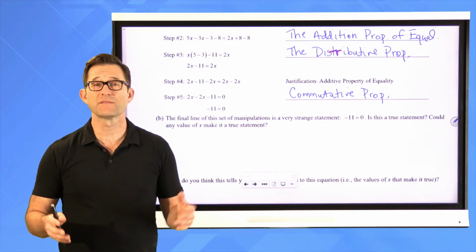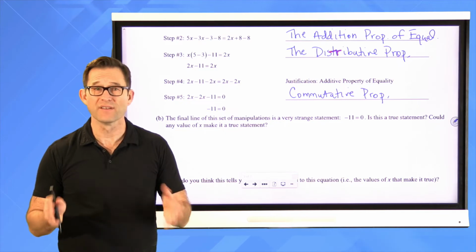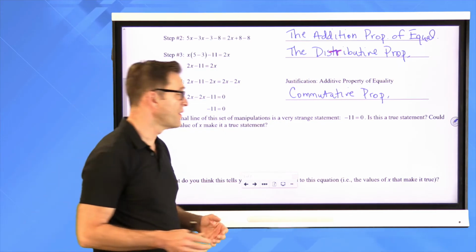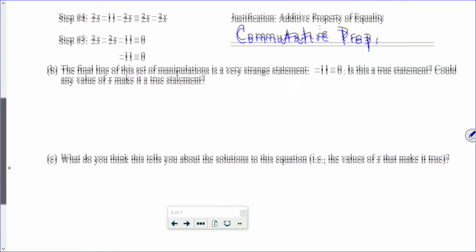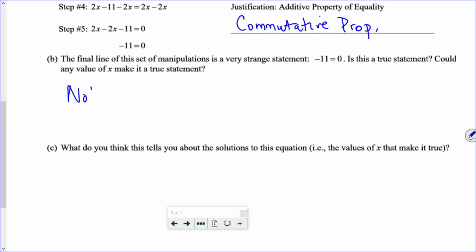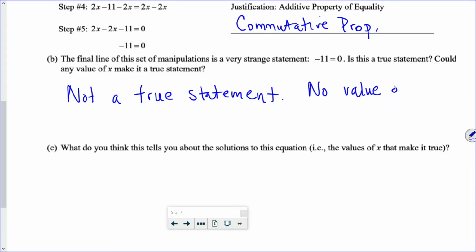So even on its best day, negative 11 doesn't equal 0, right? So that's obviously not a true statement. Could any value of x make it a true statement? No value of x can make this true.